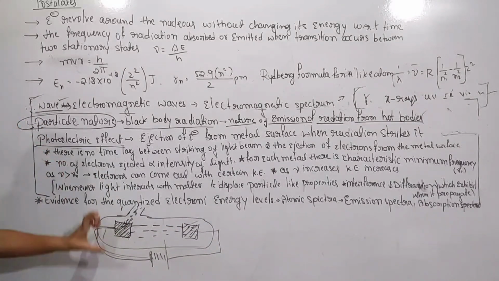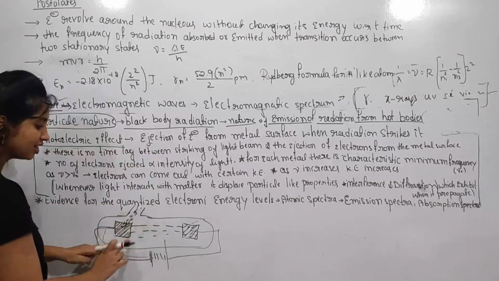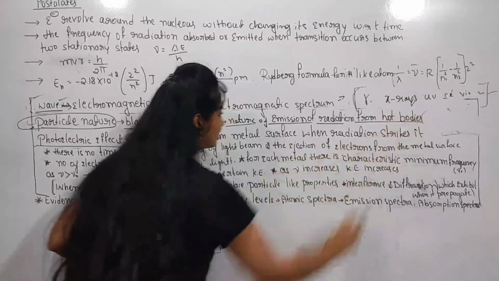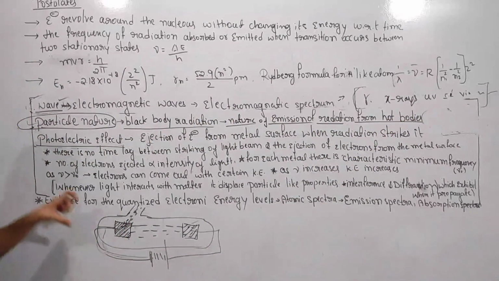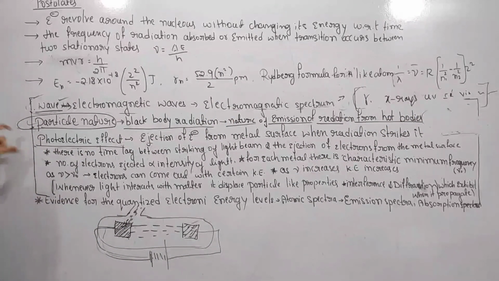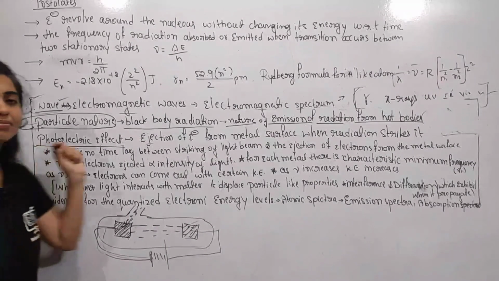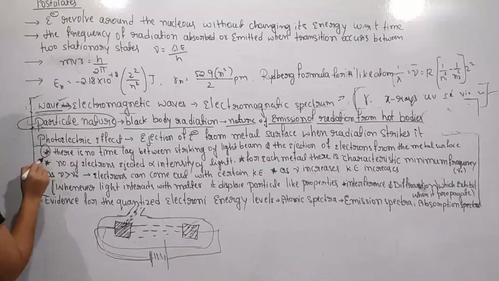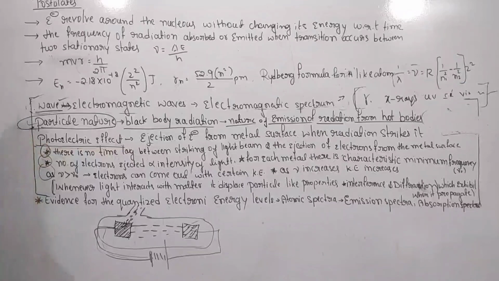So photoelectric effect is nothing but the ejection of an electron from the metal surface when the radiation strikes on it. So by the help of the photoelectric effect, we know the particle nature of an electromagnetic radiation. How? So see here, we observe these results by the help of photoelectric effect. So what are those results?